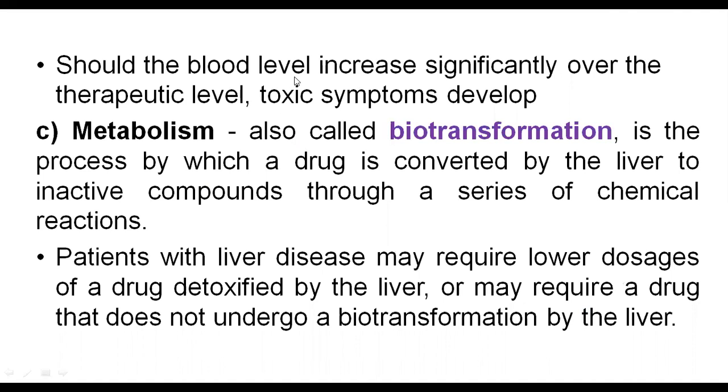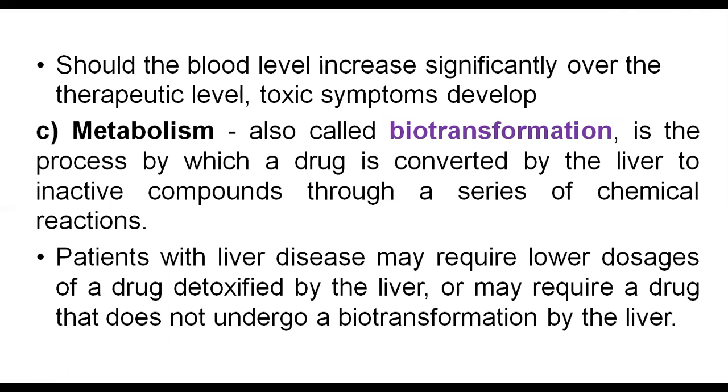Should the level of that drug in the bloodstream go very high over the therapeutic level, then toxic symptoms will develop. That means these drugs are actually calculated to be dosed at a certain frequency so that we just maintain the drug within the therapeutic levels.